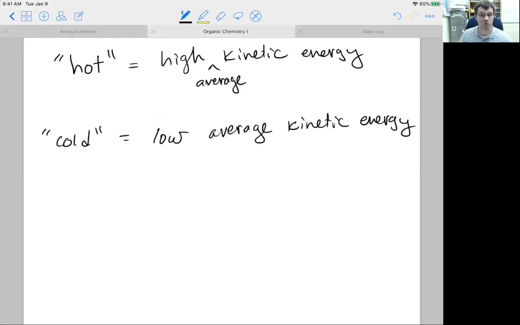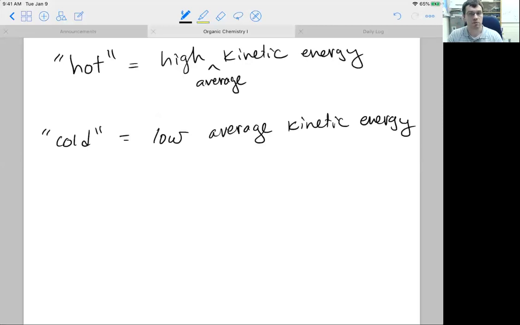A thermometer works by having its own set of molecules, and when that thermometer is exposed to a system, the kinetic energy that bombards the glass surrounding the molecules in the thermometer transfers some of that kinetic energy into the molecules in the thermometer. That causes that collection of molecules to expand and get to higher and higher points on the thermometer.